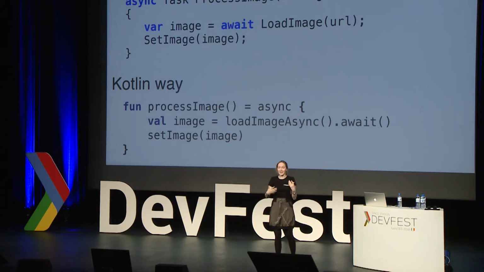Async await is also not a Kotlin invention. It is a feature already present in some languages, for instance, C#. In C#, this feature is a language feature, so async and await are language keywords. In Kotlin, they are not language keywords, but just library functions.